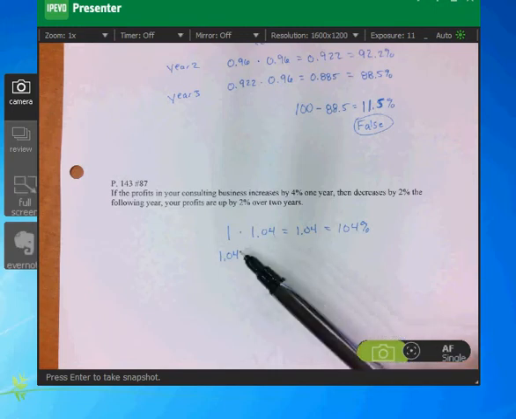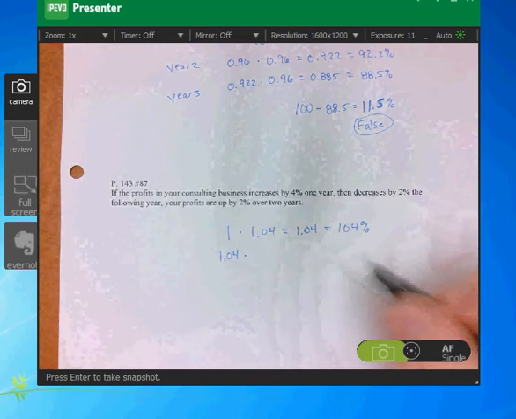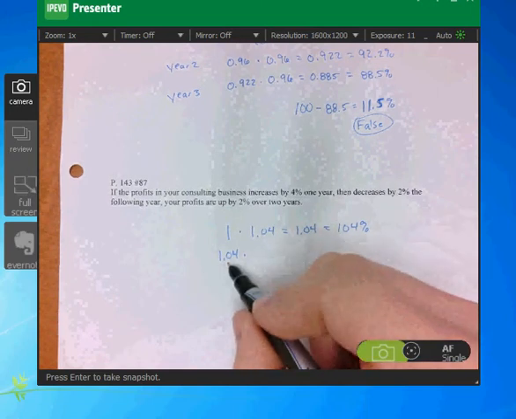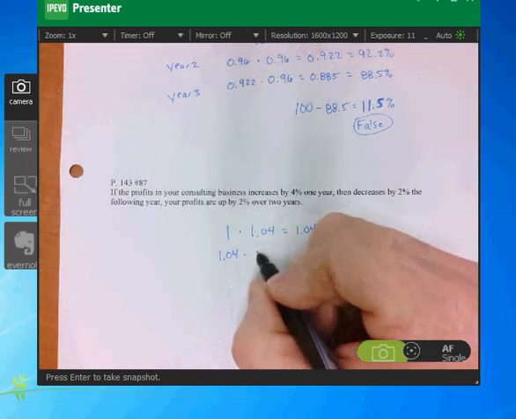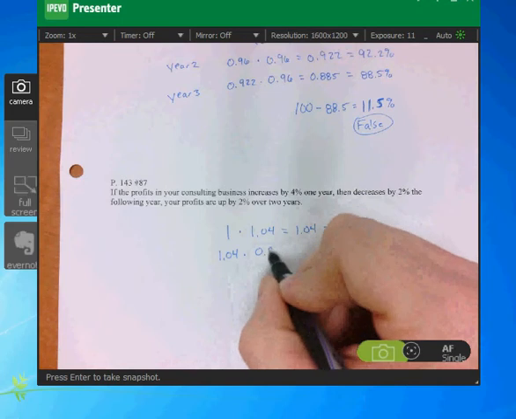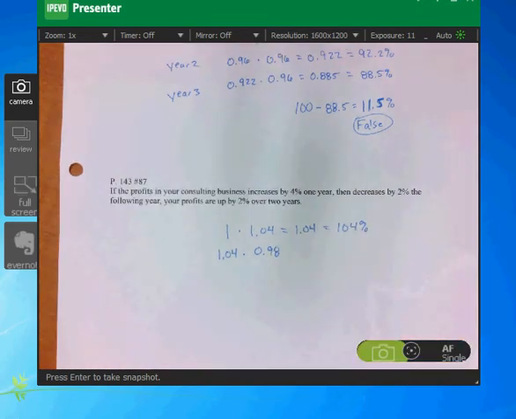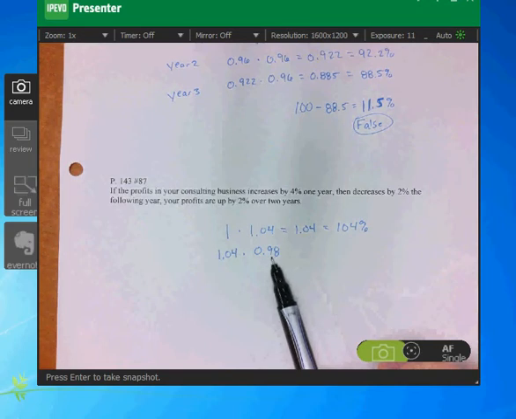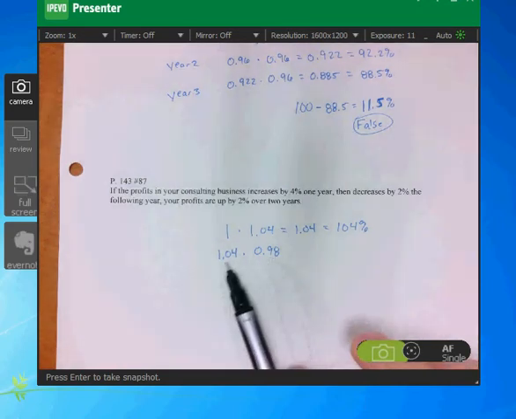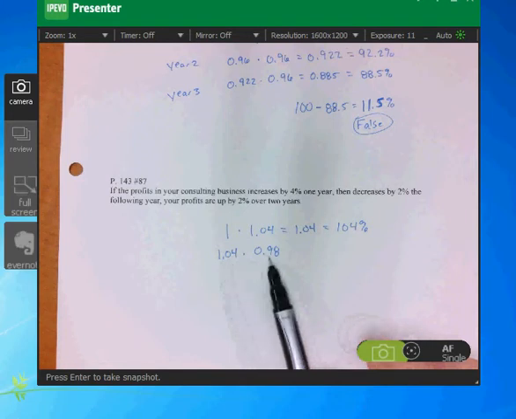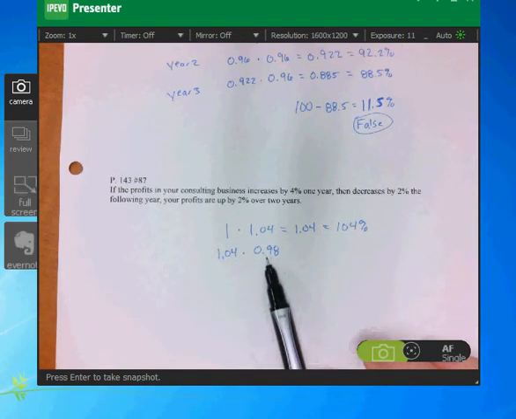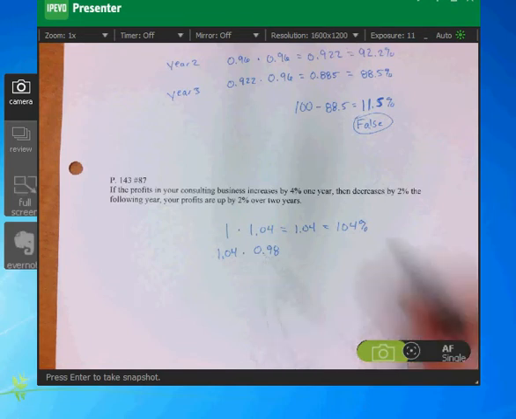We're subtracting 2% of the entire thing. 2% of this as being our new 100. So instead of saying 1.02, it's 0.98 because we're talking about 2% less than our 100%. This is our new 100% for the year, so 2% less than that.